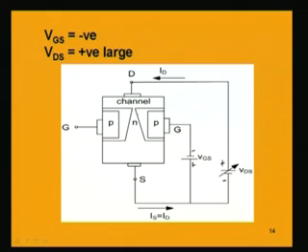Now, as we increase the VDS, the reverse biasing voltage which is present between the gate and the drain will be changing.